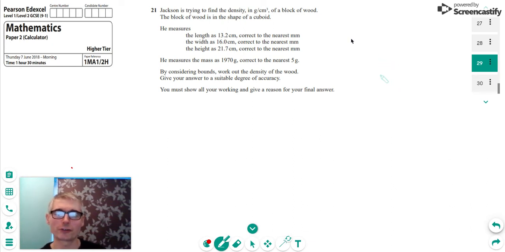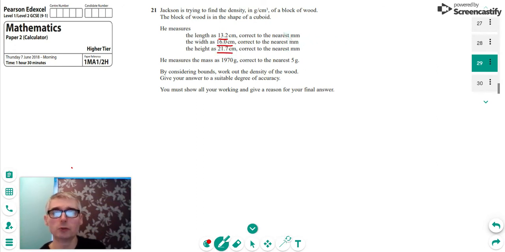I'm continuing to go through the Edexcel higher tier paper from June 2018, and this is paper 2, which is a calculator paper. So we're on question 21, and this is a question about finding the density of a block of wood given these measurements: 13.2, 16.0, 21.7.